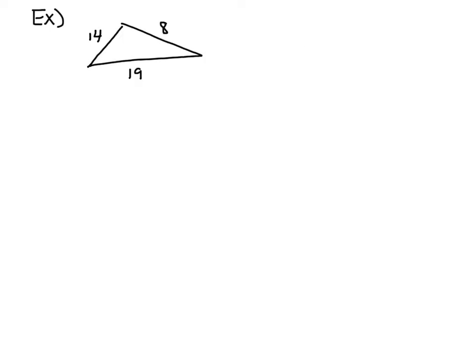Alright, so we're looking at a triangle with sides 14, 8, and 19. So this is a side, side, side. That lets me know that I need to use the law of cosines. I'm going to go ahead and assign names to each of these sides. This 19, since this is my largest side, will be my side C, and across from it will be angle C. Other than that, 14 equals A, and 8 equals B. Okay, so I need to solve for the largest angle first.